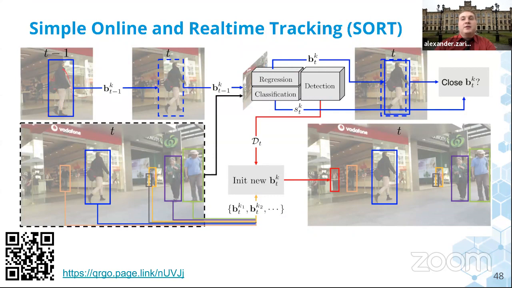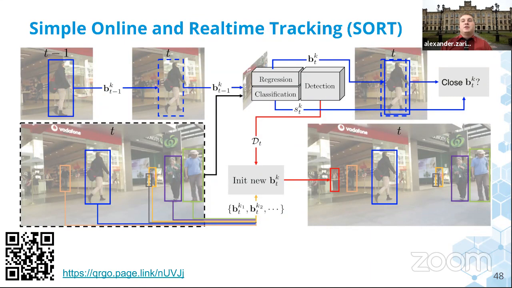Assume that we have some trajectories of some objects up to frame t-1, and we want to prolong this history of object trajectories to frame t. So we simply apply our object detector to frame t, and we detect all the objects on this image. Then we use a Kalman filter and the history of how the trajectories of the objects changed through time.